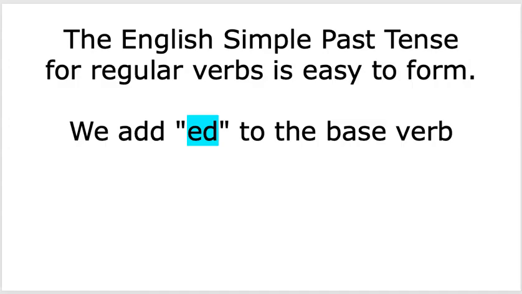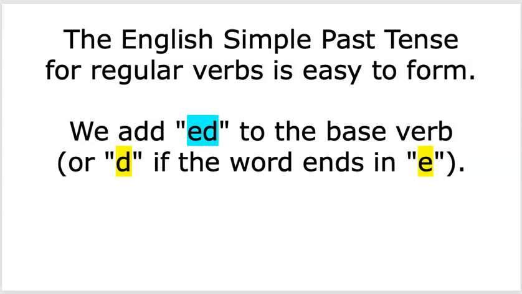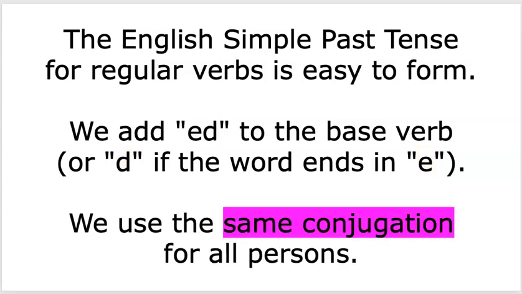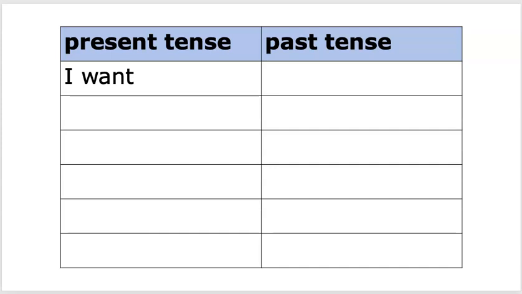We add ed to the base verb, or merely the letter D if the base verb already ends in an E. We use the same conjugation for all persons. Let's look at some examples. Present tense I want becomes I wanted.